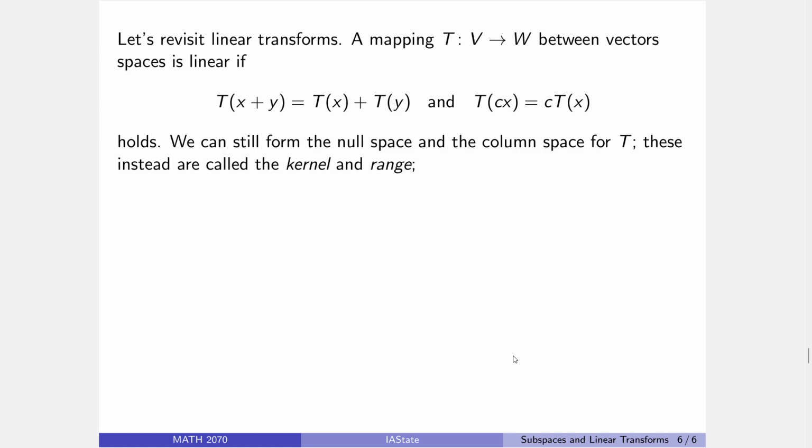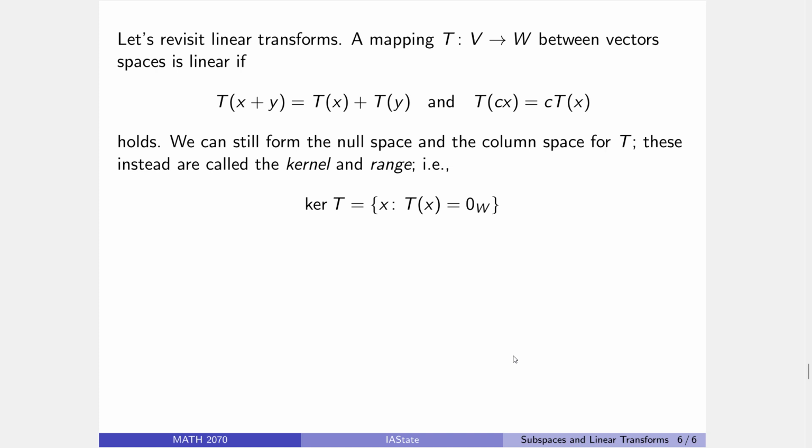Now, the null space for a matrix, recall, was the set of things so that A times x was equal to 0. And the column space were the things so that b was equal to A times x. And we can carry this over to our linear mappings between general vector spaces. But now, instead of null space, we say kernel, and we write ker T. Pretty cool. It's the set of x so that T of x is equal to 0 in this case.